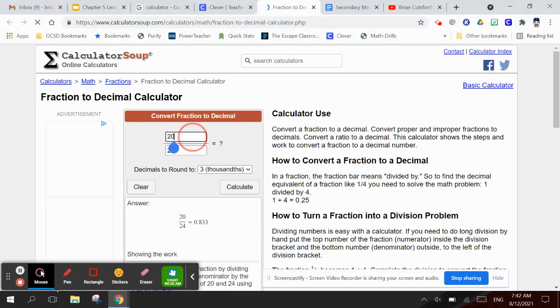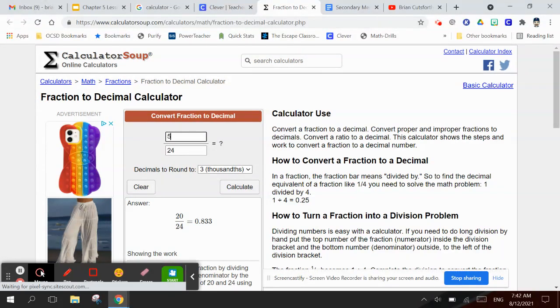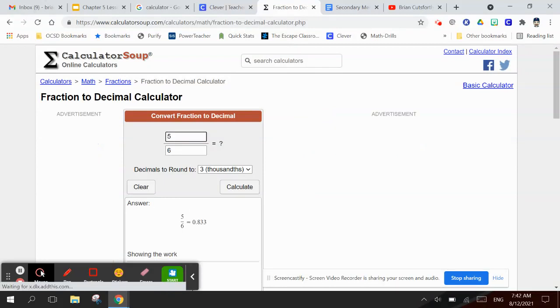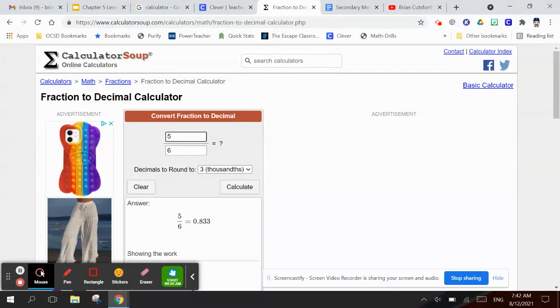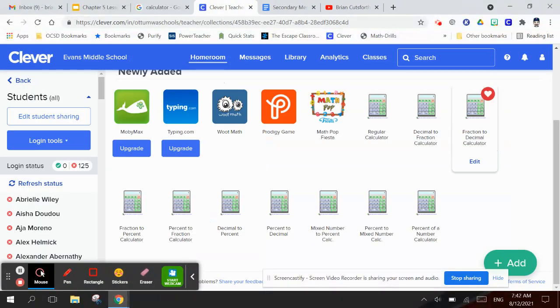So if I click on fraction to a decimal, I click on my fraction, which is 5 and 6, and I hit calculate, and there's my answer. Okay, so you can use that as well. I also have mixed numbers to a decimal as well.